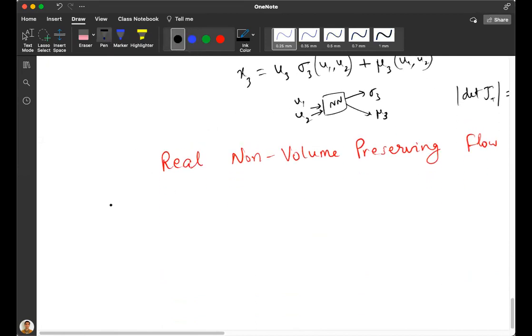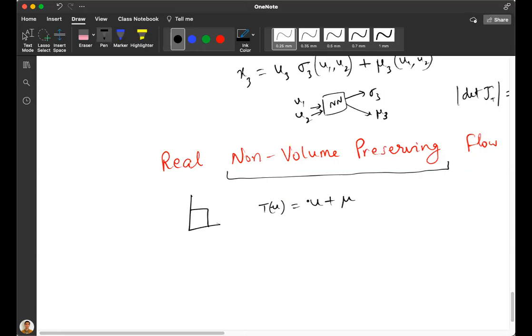Why is it called non-volume preserving? Good question. Because the transformations are non-linear, the shape might change. Let's say I start from a uniform distribution. If my transformation of U were just U plus some mu, then my volume is kind of preserved.